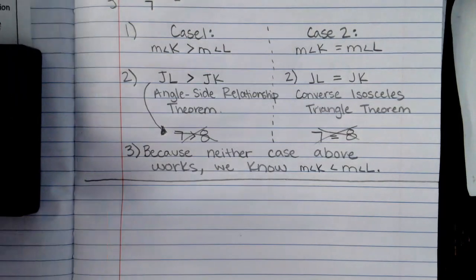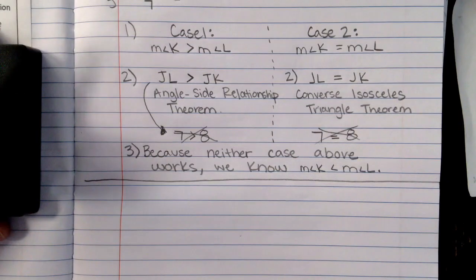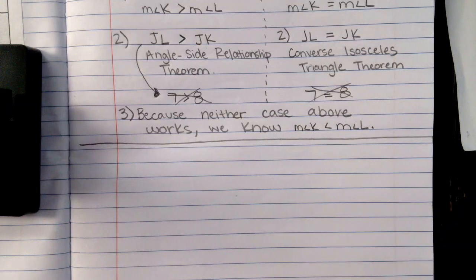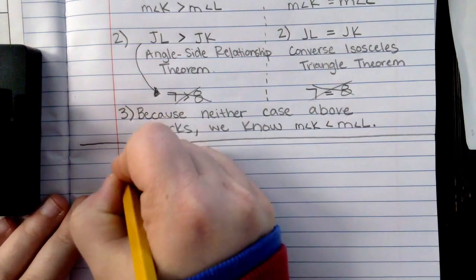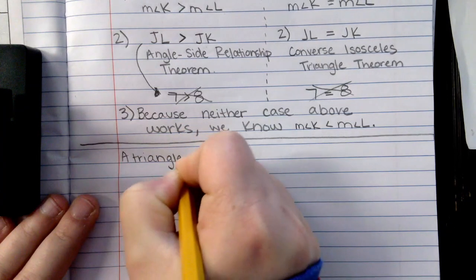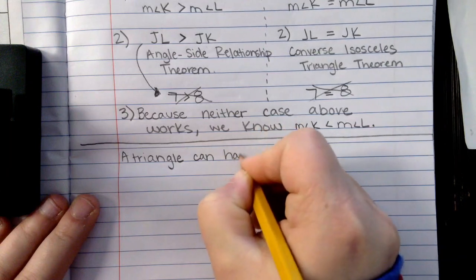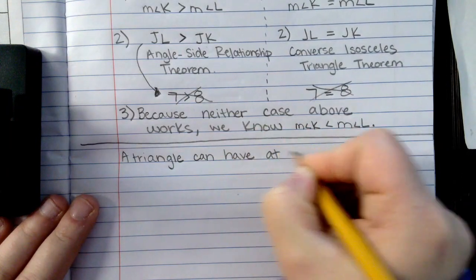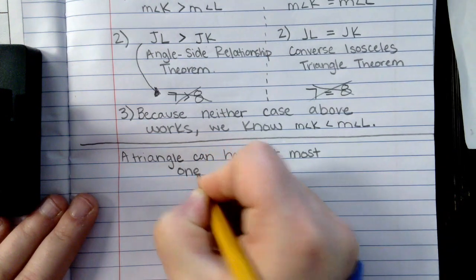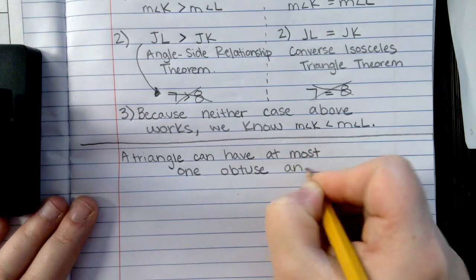Alright. So the second one we're going to prove is that a triangle can have at most one obtuse angle.